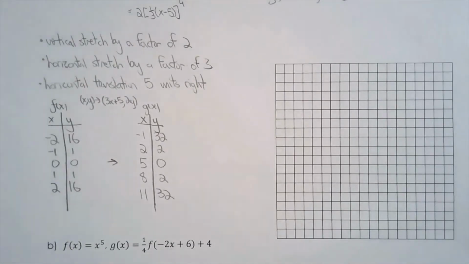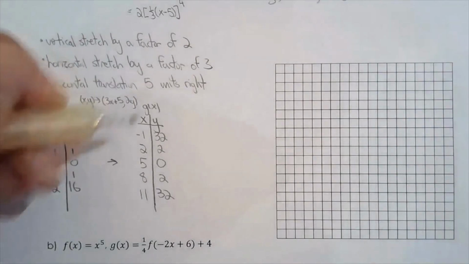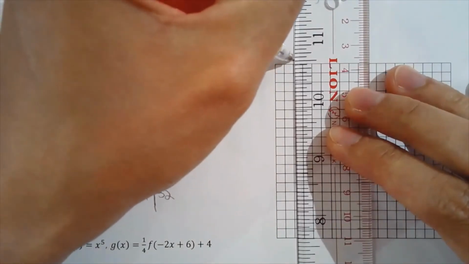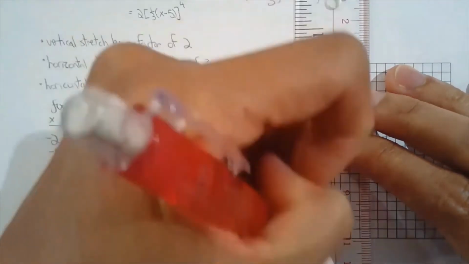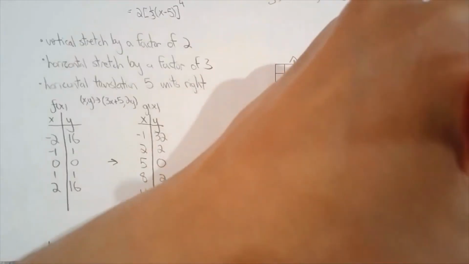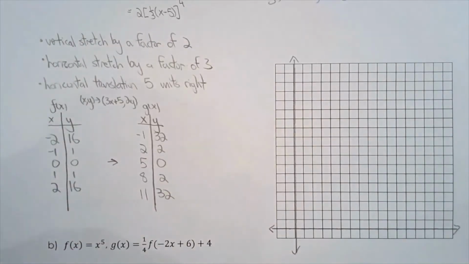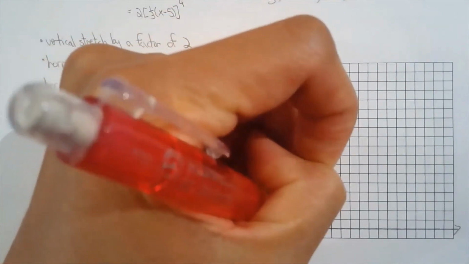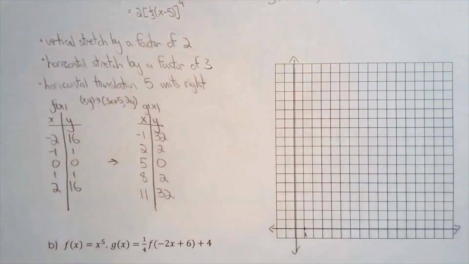Let's grab a ruler here. So all the points here are positive, so I don't need to use much of quadrant 2, 3, or 4. So let's do 1 here.